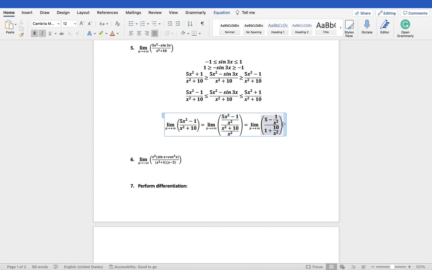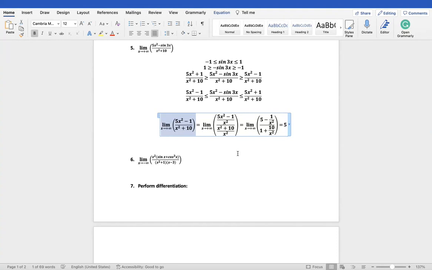Now when you substitute in the value of x, which is infinity, in the numerator you have 5 minus 1 over infinity, which is 0, so basically in the numerator you have 5. And in the denominator you have 1 plus 10 over infinity, which is 0, so 1 plus 0, which is 1. So you have 5 over 1, which is just 5. So our first limit is equal to 5.